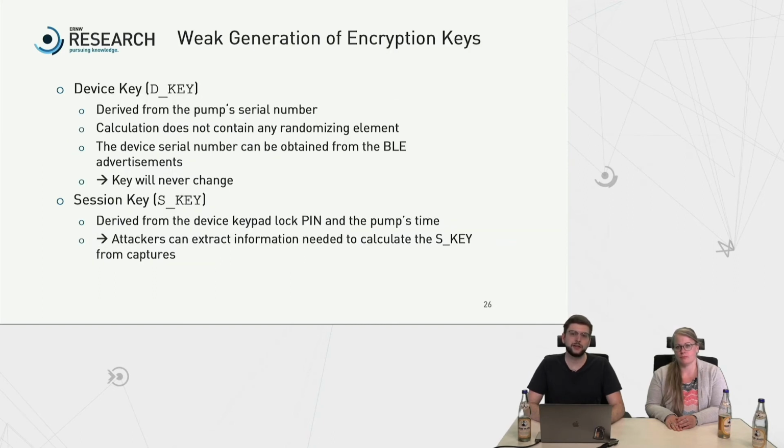The next finding we want to elucidate is about weakly generated encryption keys. The device key derived from the pump serial number does not contain any randomizing element and will never change. The serial number can be obtained from Bluetooth Low Energy advertisements. The session key can be calculated from the pump's lock pin as well as configured time. We saw the respective request on a previous slide within the pin disclosure.